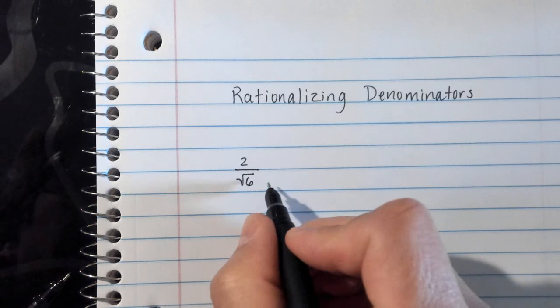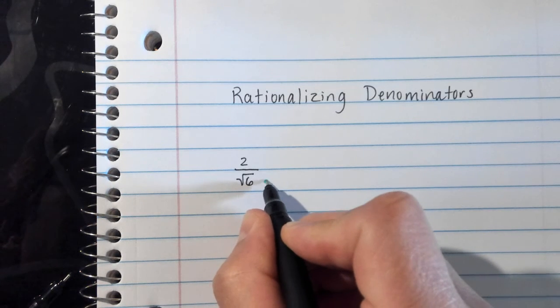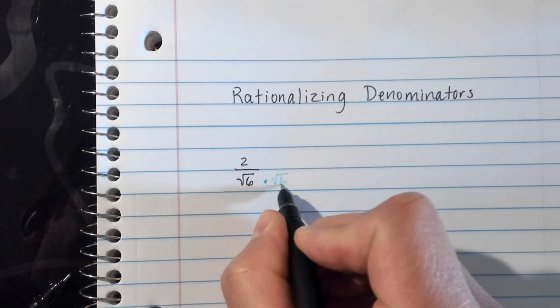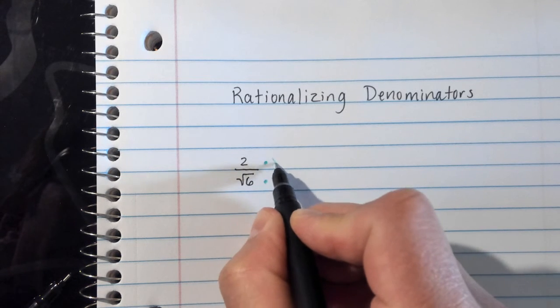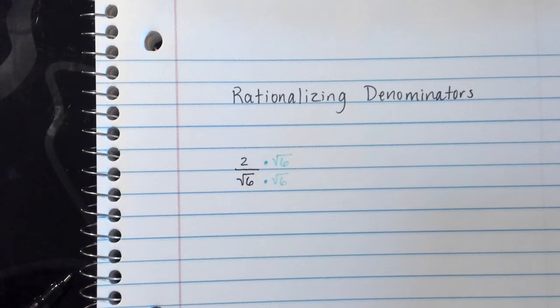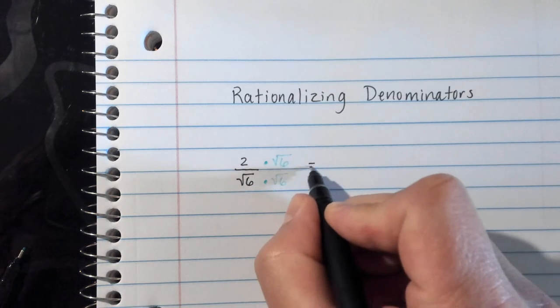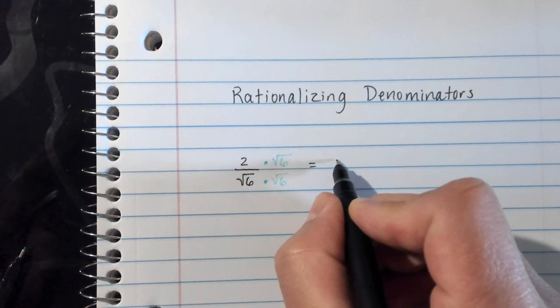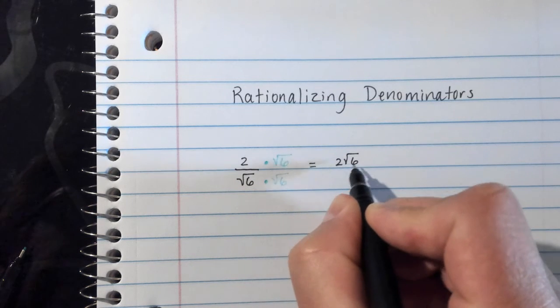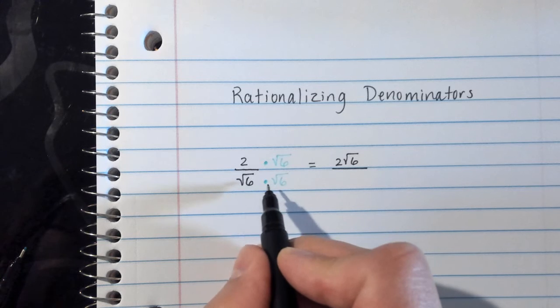Whatever radical is on the bottom, you're going to multiply the top and the bottom by that number, and you get on the top 2 times the square root of 6. On the bottom, square root of 6 times the square root of 6.